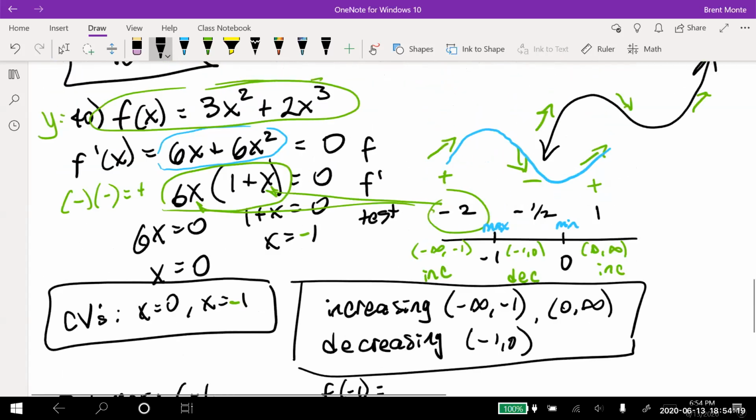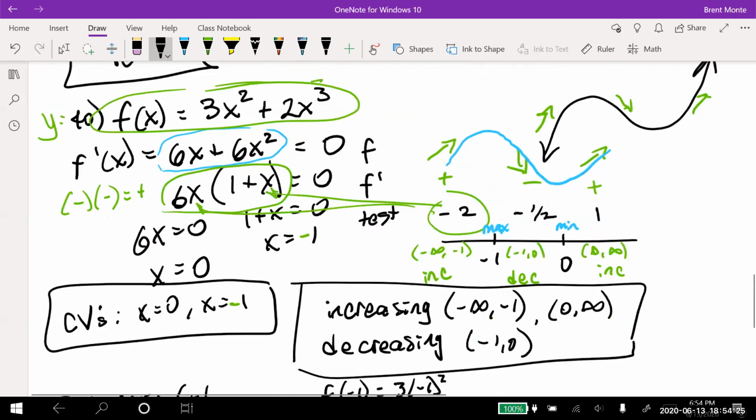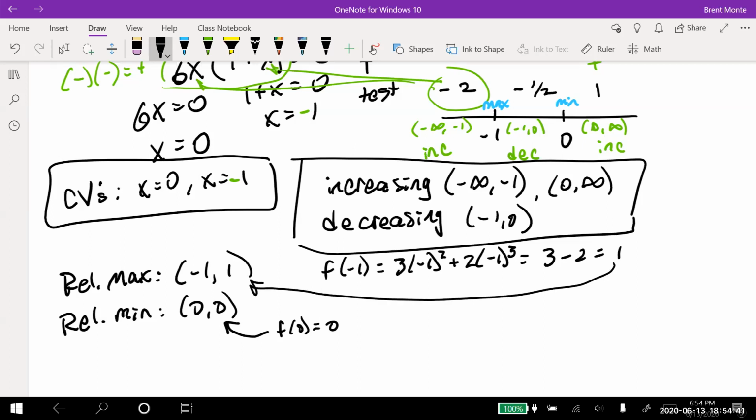So it's 3 times -1 squared plus 2 times -1 cubed. -1 squared is 1, so I get 3, but then -1 cubed is -1, so I get -2, which is +1. That's my y value. So that's f of -1. So I've got my relative max and my relative min.